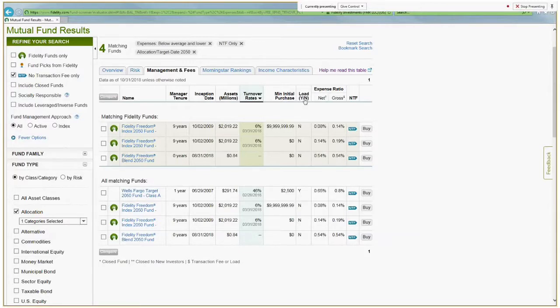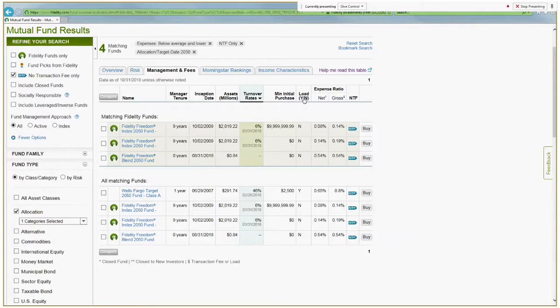And then over here we have the load. So this is, again, coming back to the front load fee, which is basically any time that you go through and you pay a fee at the beginning to purchase a mutual fund, that's known as the front load fee. And then on the back end, some will have it just on the back end.